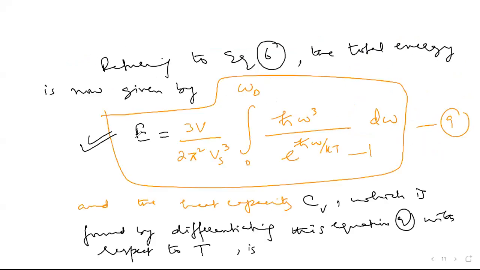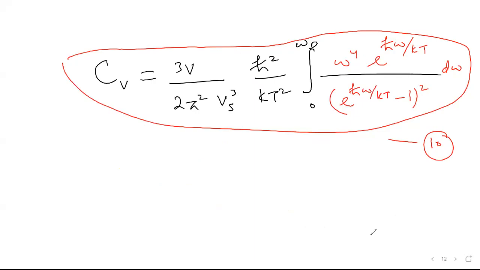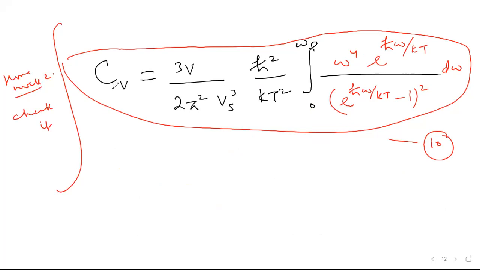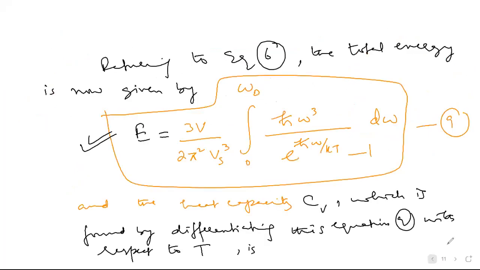We differentiated equation 9 with respect to temperature. So this is your homework problem 2. Check it. What you have to do? You have to differentiate equation 9 with respect to temperature T. You will get the expression for CV given by equation 10. Right? This is your homework 2.